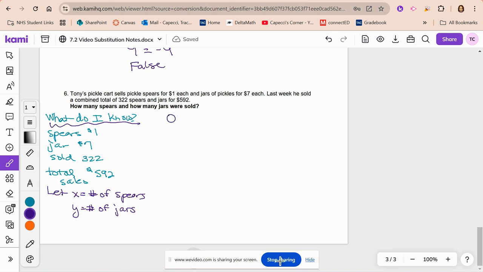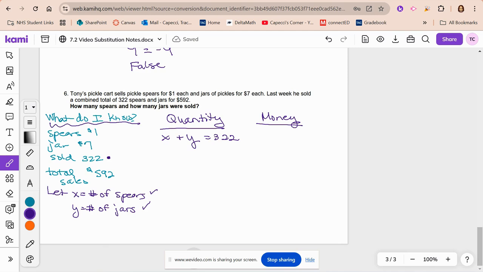Okay, so we have two types of equations. We're talking about quantity, which is how many things there are, and then we have a money equation because we're definitely talking about money here. So let's see what we have. Quantity is how many. I know it says that we sold 322 items of spears and jars. So the number of spears is X and the number of jars is Y. When I add them together, I get 322.